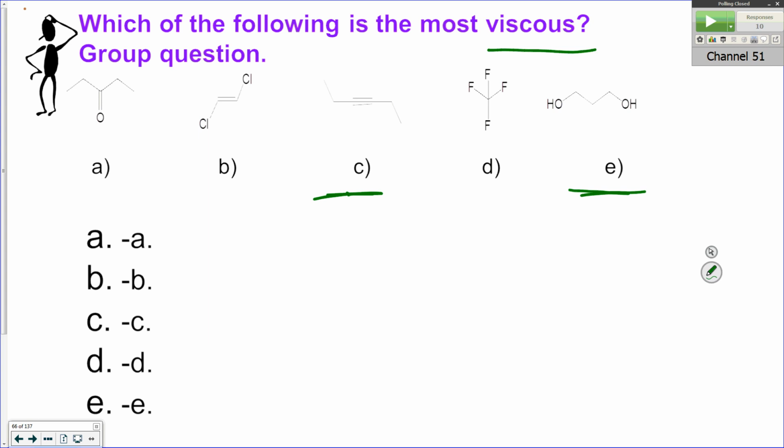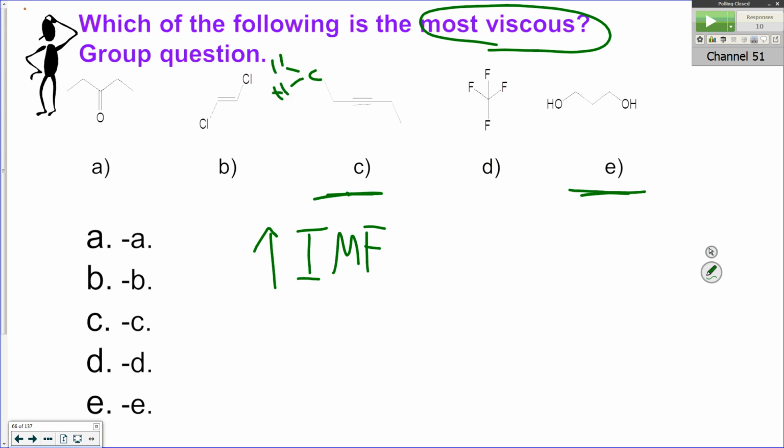So if we're looking for the most viscous, am I looking for the one with the strongest intermolecular forces or the weakest? I'm looking for the one with the highest intermolecular forces, IMF. This one is only carbon-hydrogen, CH, CH3.